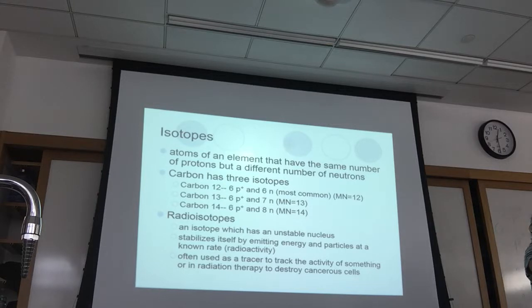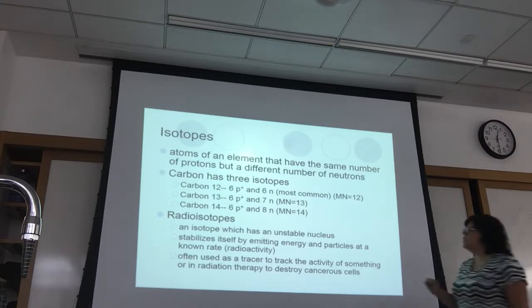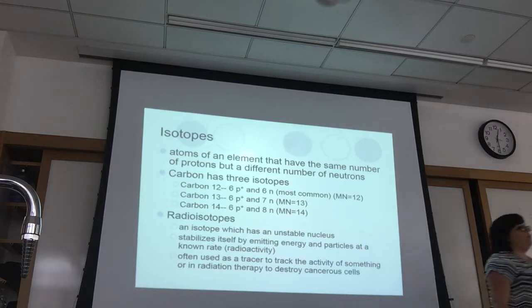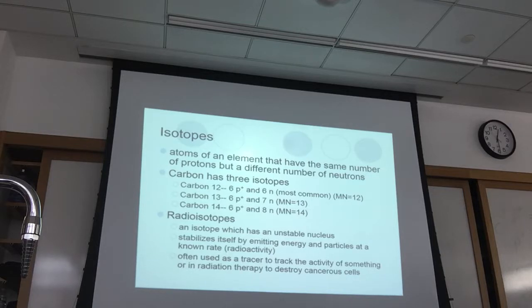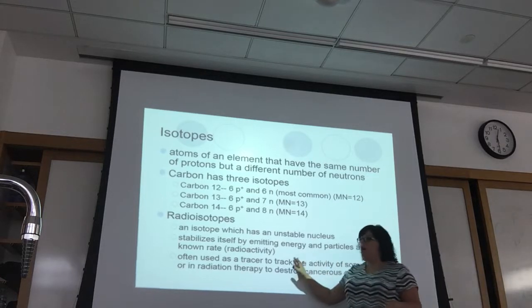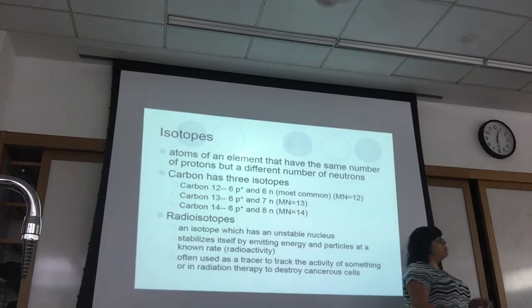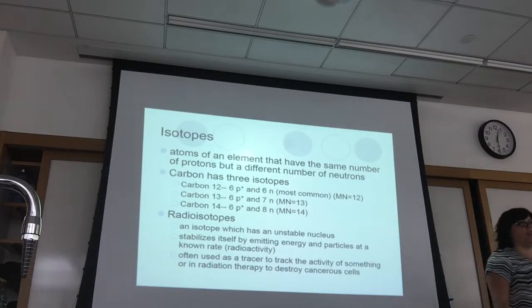Kind of glows in the dark, so to speak. So we can use these radioisotopes to our advantage. And, you know, for this course, we're really not going to talk more about them other than just this 5 minutes or so. But you should know that they are unstable. The nucleus is unstable because the number of neutrons has changed.